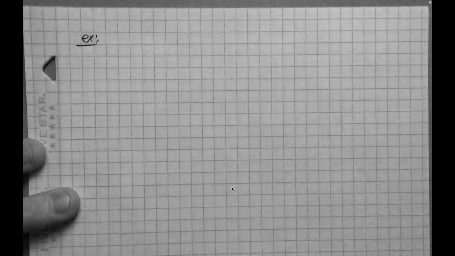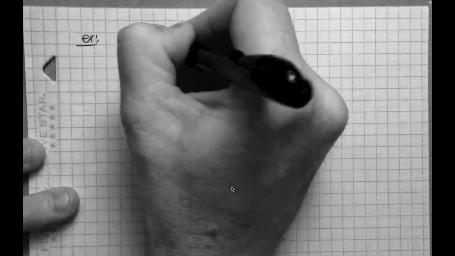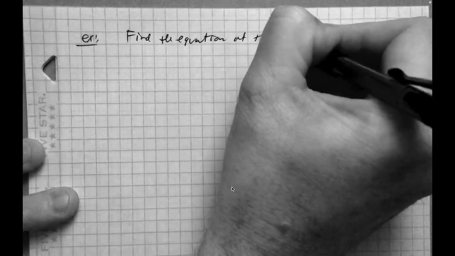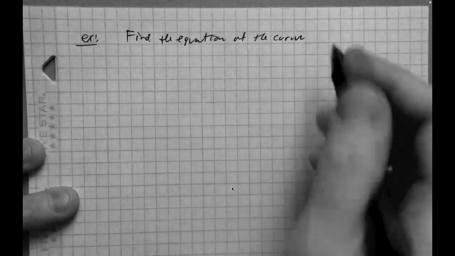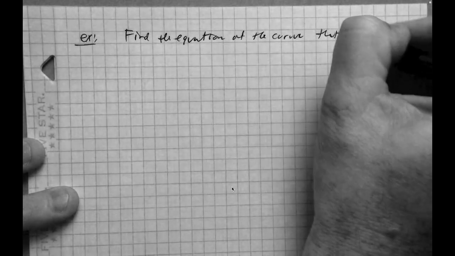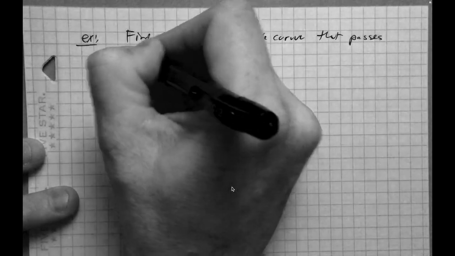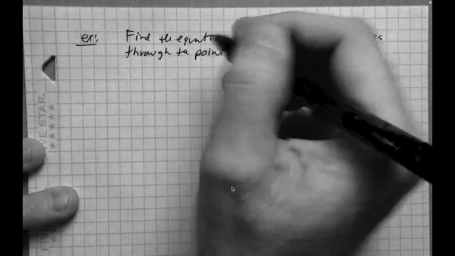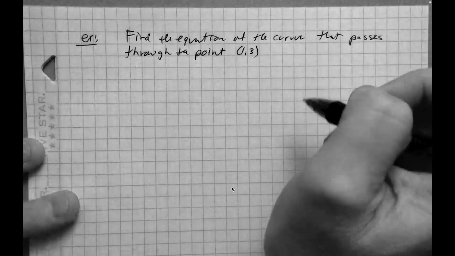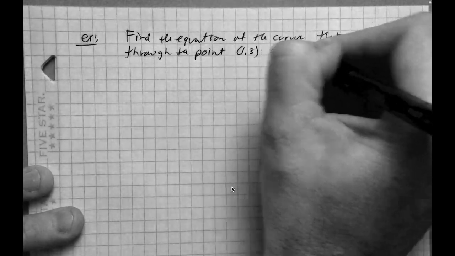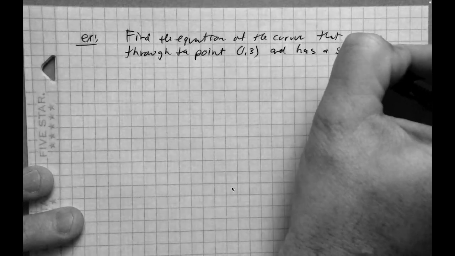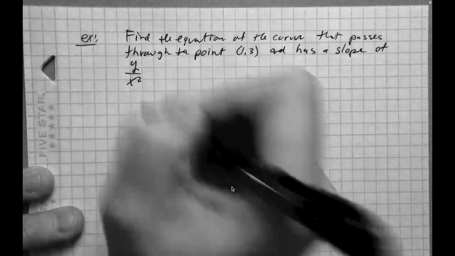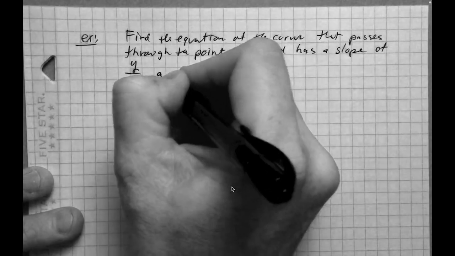Find the equation of the curve that passes through the point (1, 3), and has a slope of y over x squared at the point (x, y).